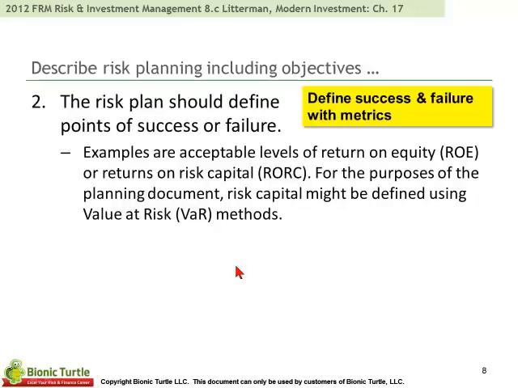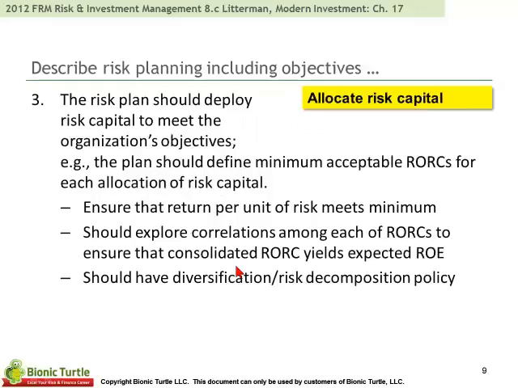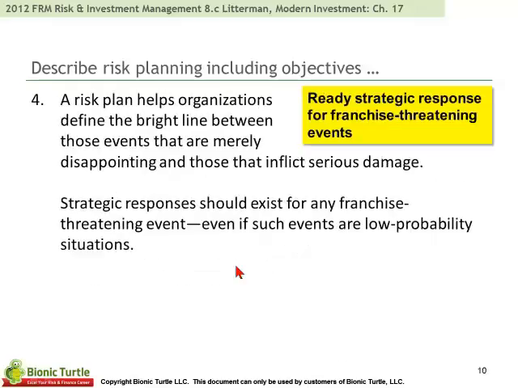So examples that he cites are levels of return on equity or returns on risk capital. 3, the risk plan should deploy risk capital to meet the organization's objectives. And 4, a risk plan should help the organization define the bright line between those events that are merely disappointing and those that inflict serious damage.